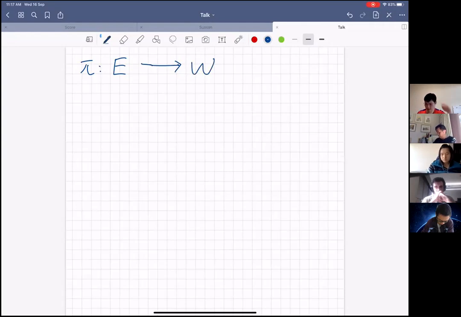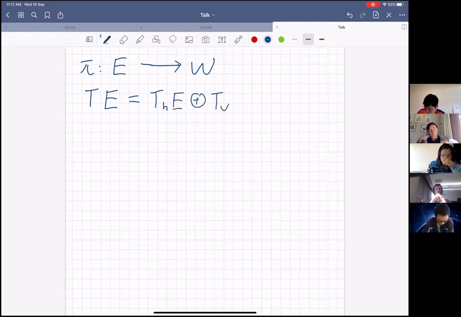Okay, and then you can look at the tangent space of E. This tangent space of E breaks into a direct sum of two pieces. One is horizontal, one is vertical.